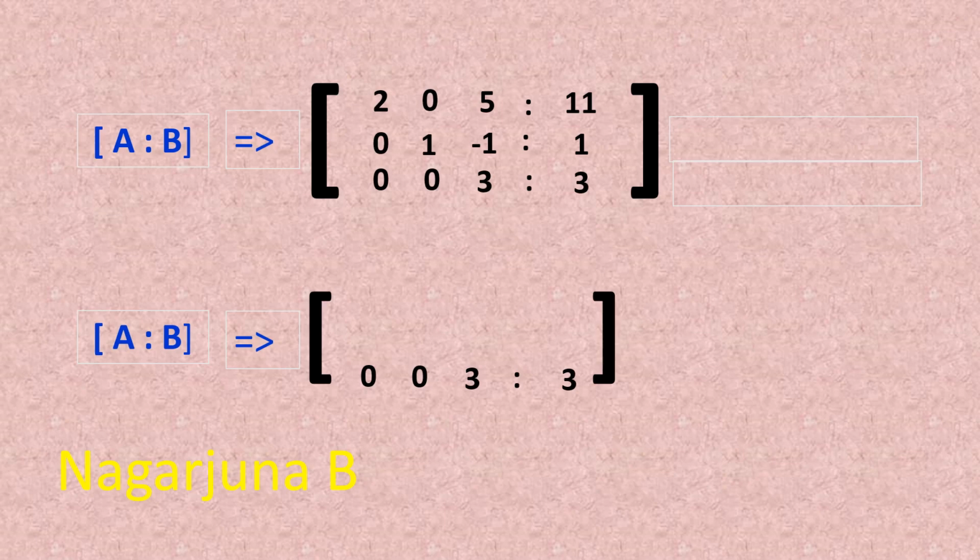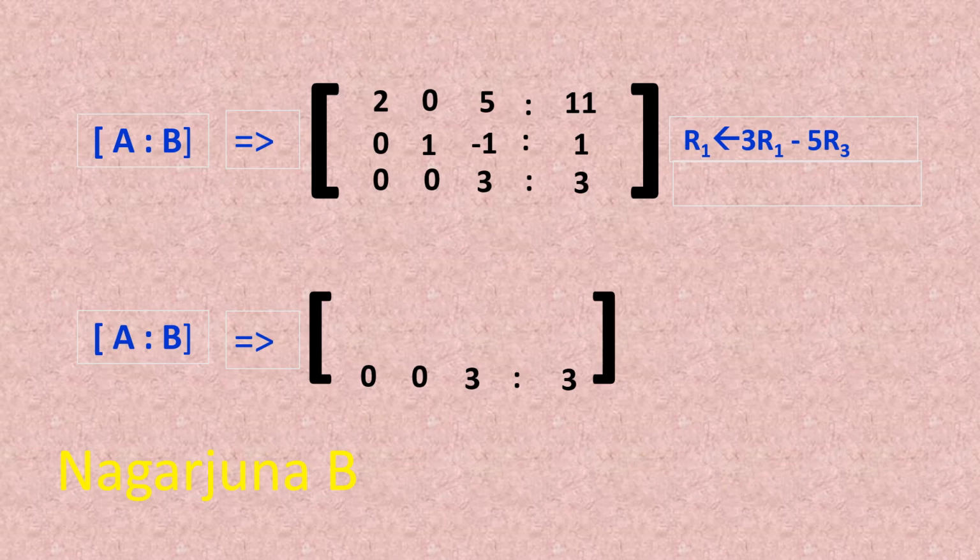That is, we can write R1 equal to 3 into R1 minus 5 into R3. That is multiplying the third element of R3 to R1 and multiplying the third element, with a minus sign, of R1 to R3, that is 3R1 minus 5R3.